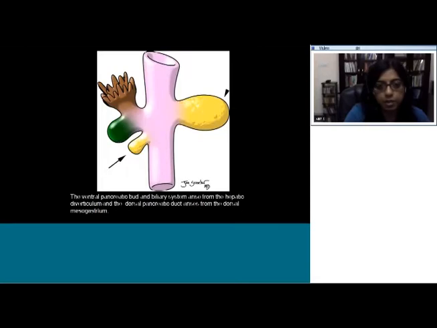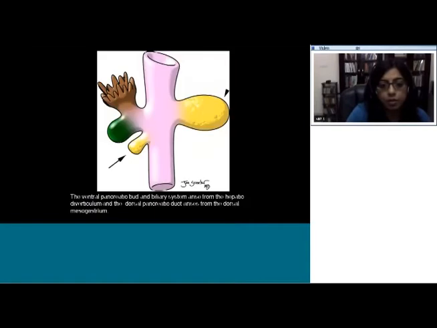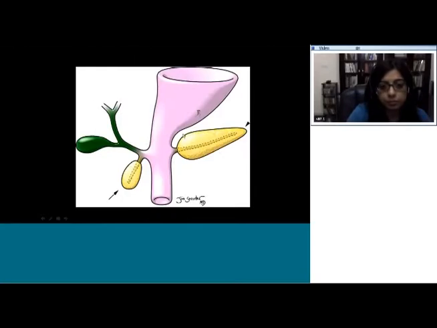So this is a diagrammatic view of the ventral bud and the dorsal bud. And that whole thing is the ventral bud, which forms the gallbladder, the extrahepatic and the main central intrahepatic bile ducts, as well as the ventral portion of the pancreas, and this is the dorsal portion of the pancreas, and this is the ventral duct.